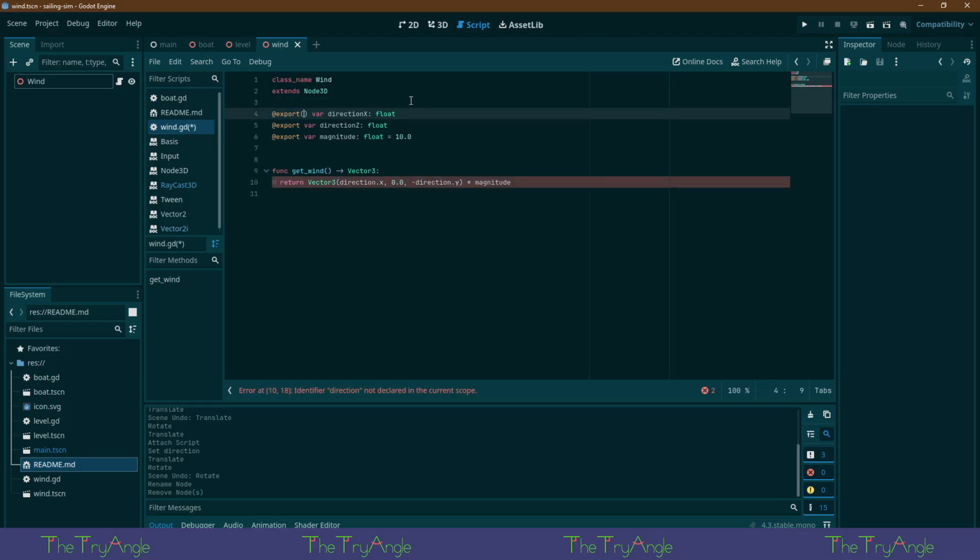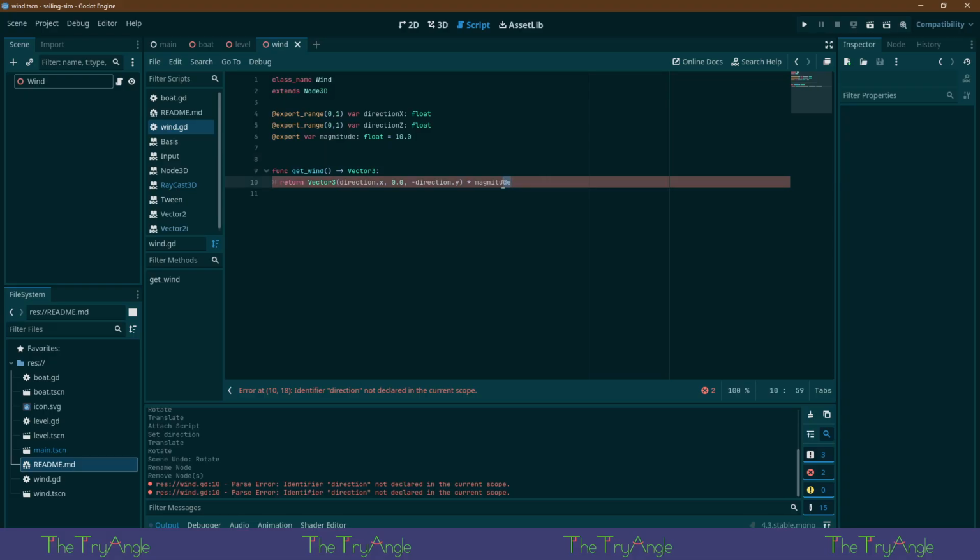Let me think here. Can I? Yeah, range. Okay. 0 to 1. All right. So we're gonna cap it because I just want it to be like a unit vector, and the magnitude will be the actual speed. All right.